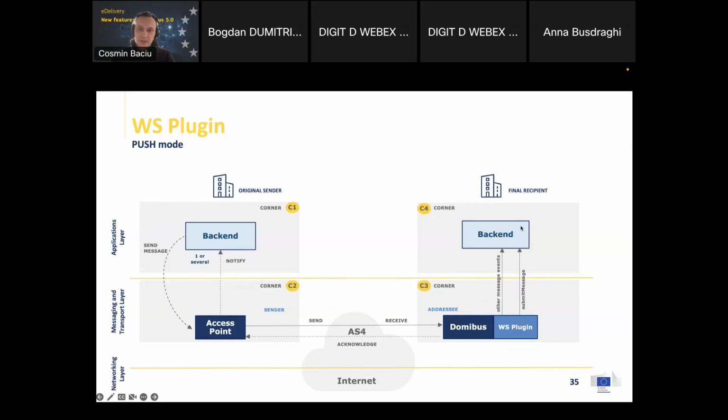So the S4 metadata plus the payloads are pushed to the backend, and backend does not poll the pending messages anymore. So this is more efficient. It consumes less resources. In the same manner, other events related to the lifecycle of the messages are pushed from the WS plugin to the backend.